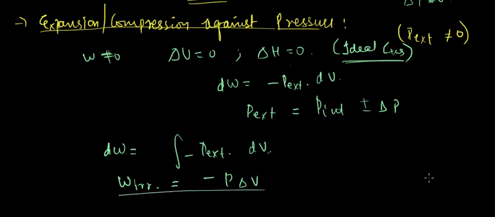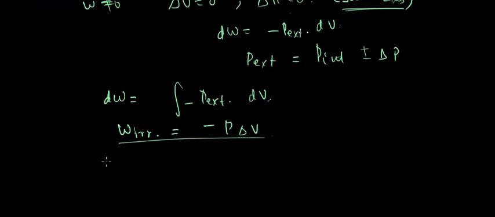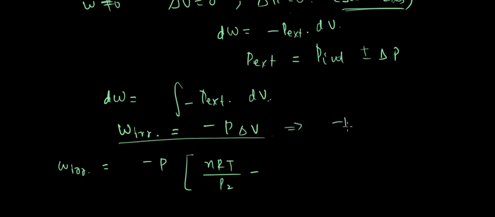Okay, so again for W irreversible we will get minus P delta V, which is minus P external (V2 minus V1).